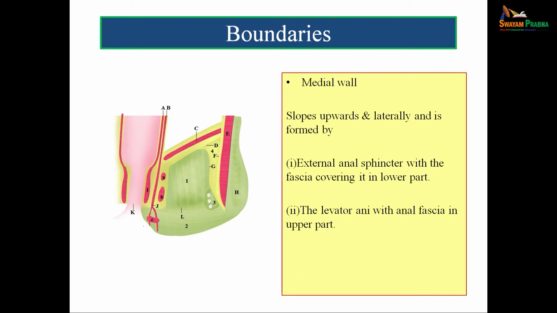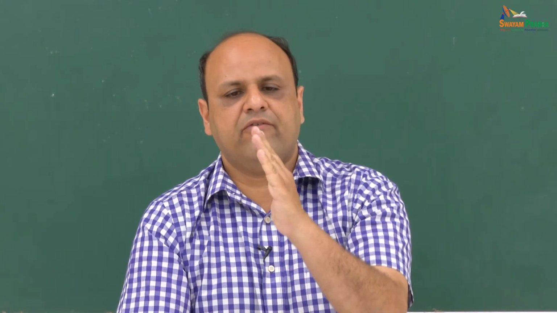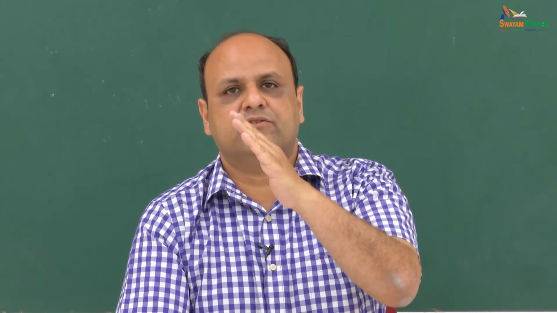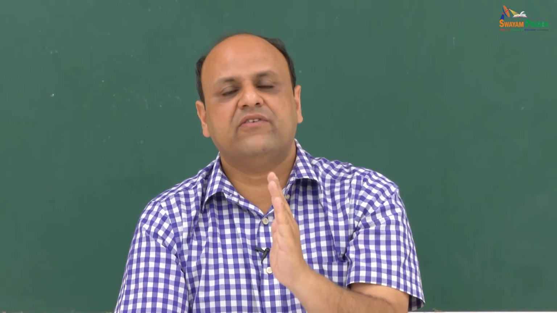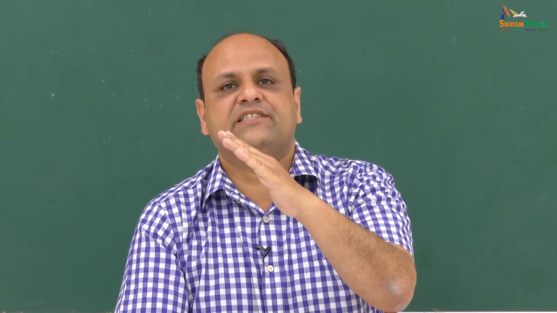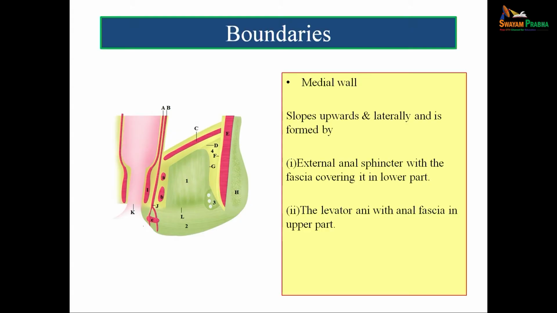So below you have got the external anal sphincter, small a, small b, small c, and above you have got the levator ani, big C. These are forming the curved medial wall of the ischiorectal fossa, while the lateral wall is formed by E and H, that is the obturator internus and the ischial tuberosity.